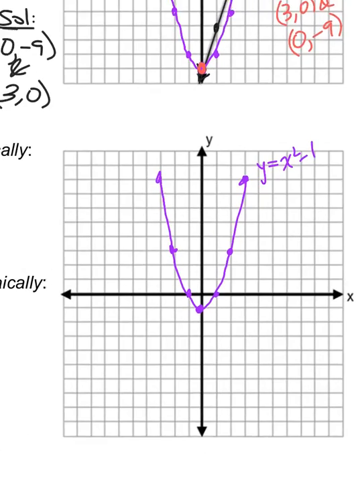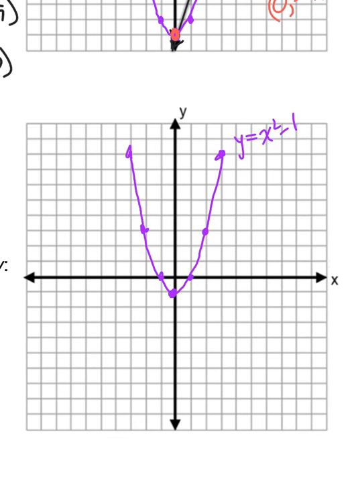The other one was -x plus 1. So y-intercept of 1 and the slope of -1. You don't have to go too far before you see what the solutions are here. All right, so we're looking at this guy right here and this guy right here.